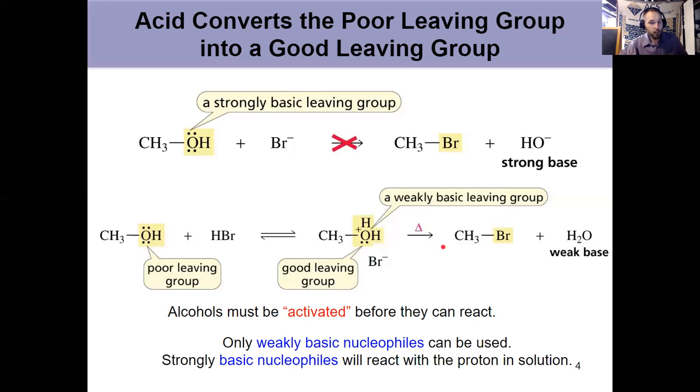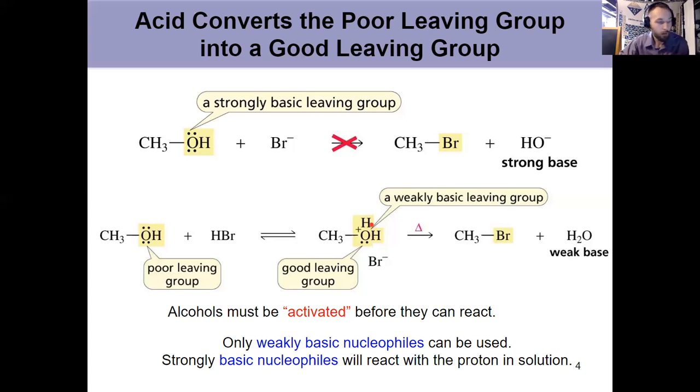And traditionally here, you're only going to use things like iodide, bromide, or chloride as weakly basic nucleophiles to come in here and replace water. You can do it if you had an alcohol as your starting material. Your stronger nucleophiles here would end up pulling off a proton there, getting protonated in solution.